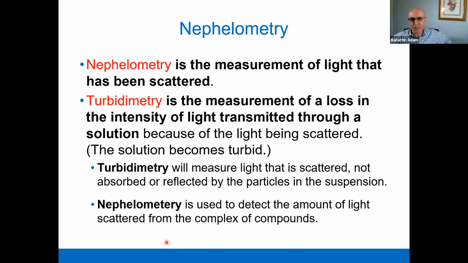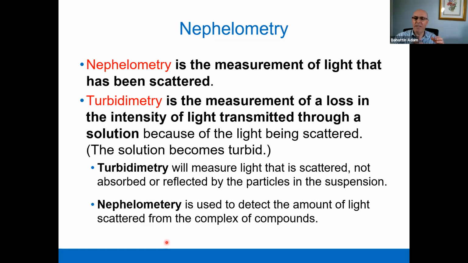And as you see here, nephelometry is another kind of technique that we are using. Nephelometry is the measurement of light that has been scattered. Okay, it is different from reflectance, from absorbance or transmittance.